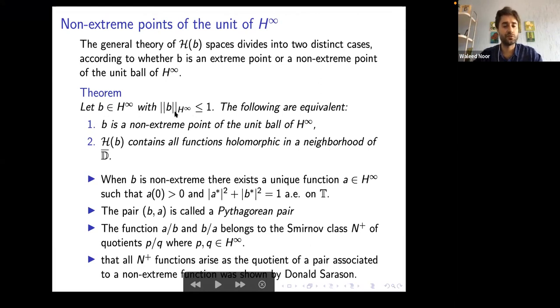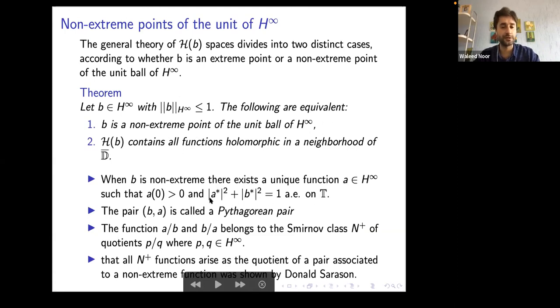If b is in the unit ball of H infinity, then the following are equivalent. If b is a non-extreme point of the unit ball, then H(b) contains all functions holomorphic in a neighborhood of the closed disk. Furthermore, if b is non-extreme, then there exists a unique function a, which is called the Pythagorean pair, because it satisfies this property.